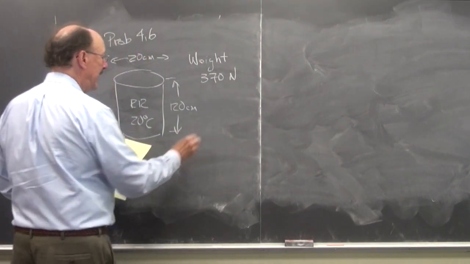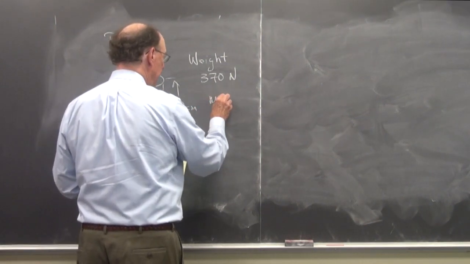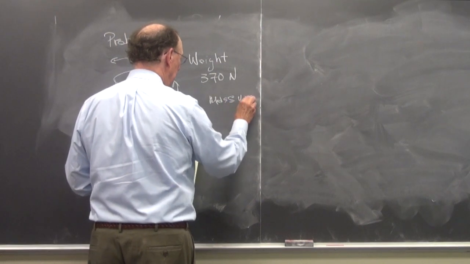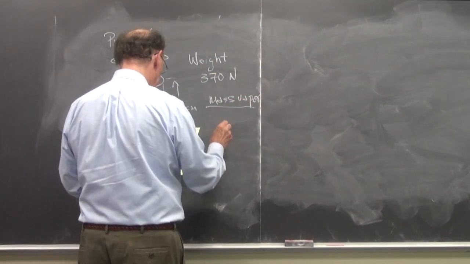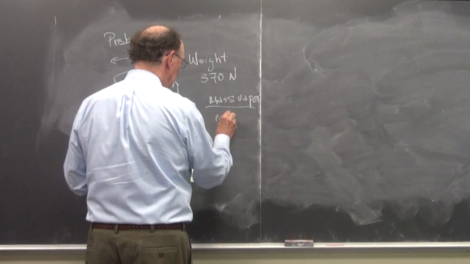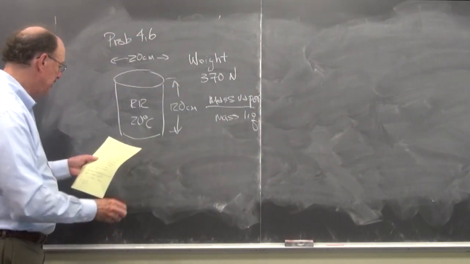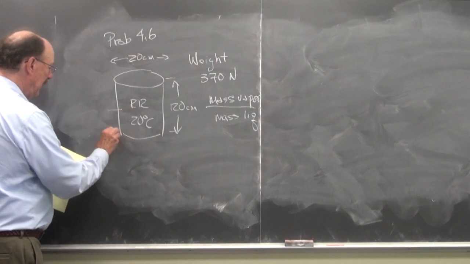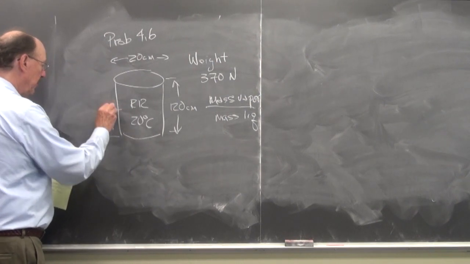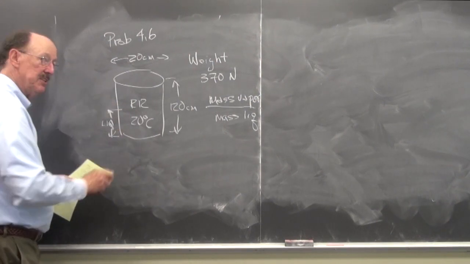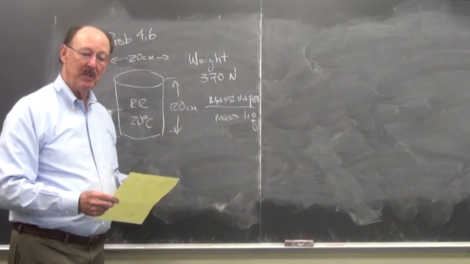And we want to find the mass of vapor or the mass of liquid. And we also want to see where this liquid line is. So we're curious as to how much of this is filled with liquid and how much is not.